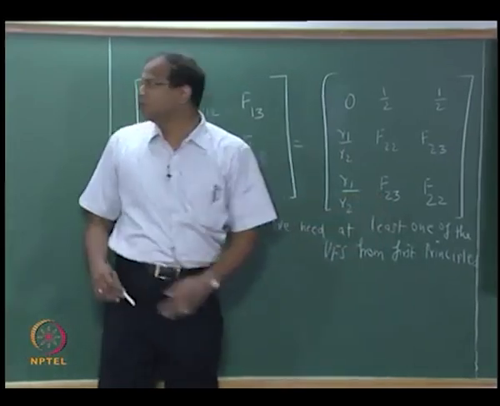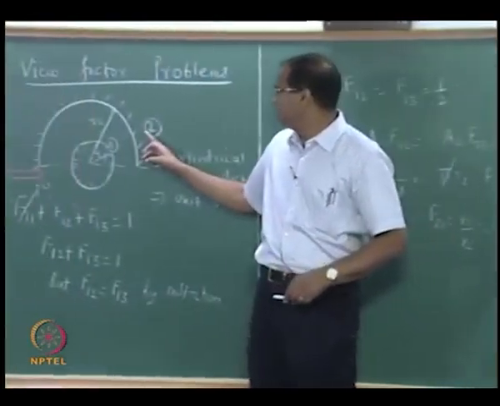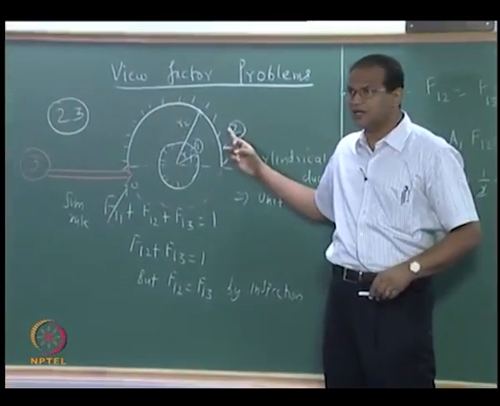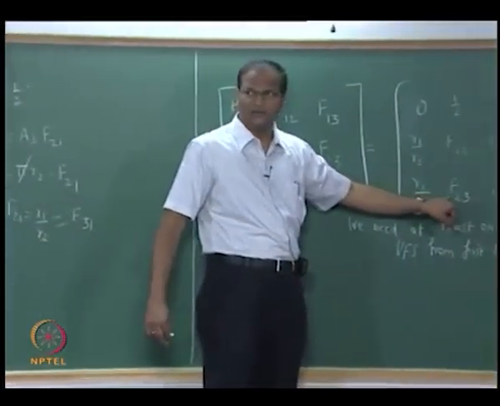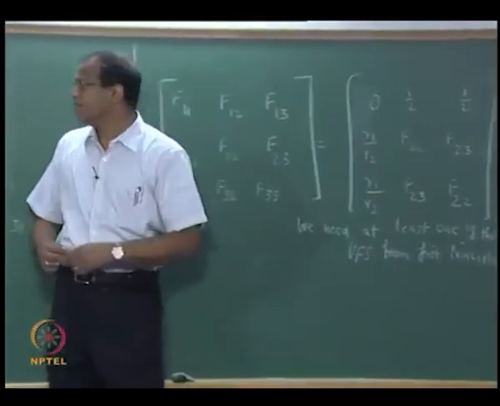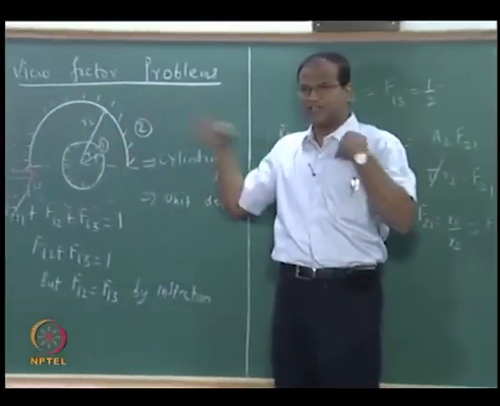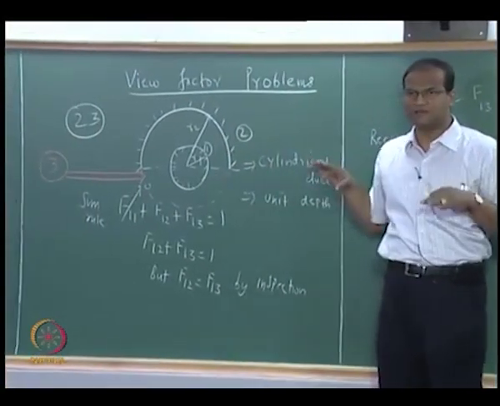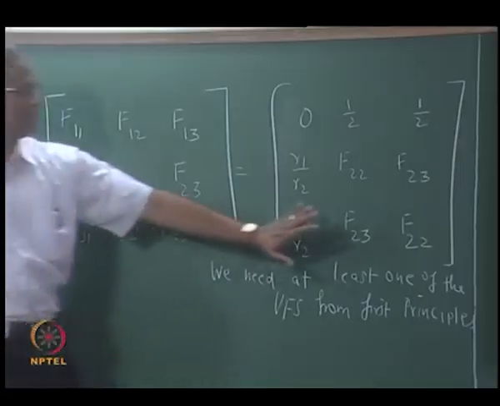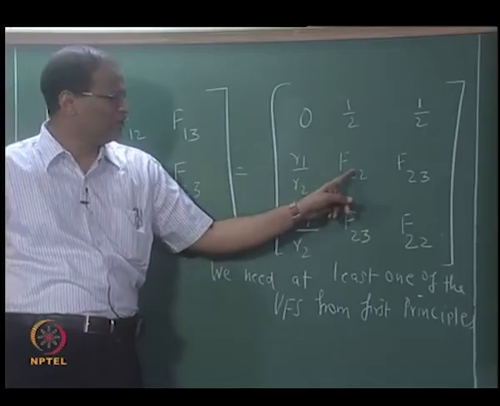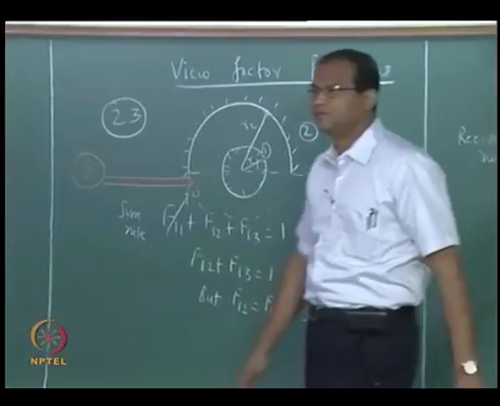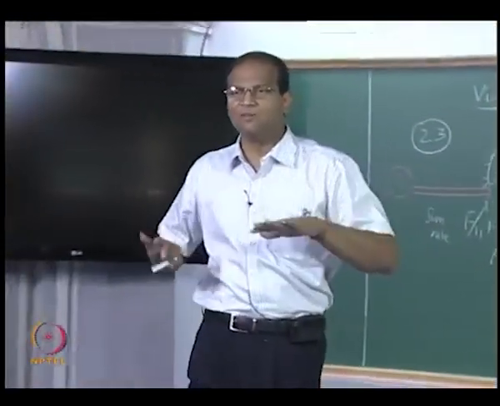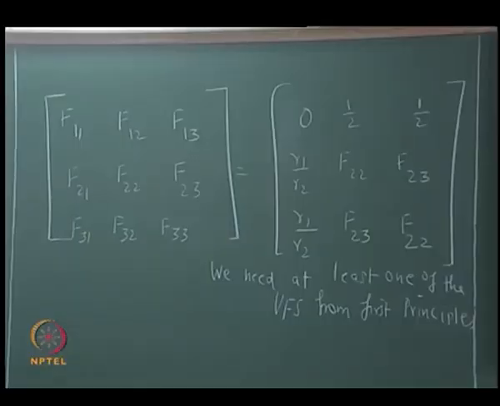Now by symmetry, f2 to 3 is the same as f3 to 2, and f2 to itself is the same as f3 to itself. So there are 2 unknowns, f22 and f23. That is it, we are stuck here, we cannot proceed any further. With view factor algebra, this is the maximum we can achieve.